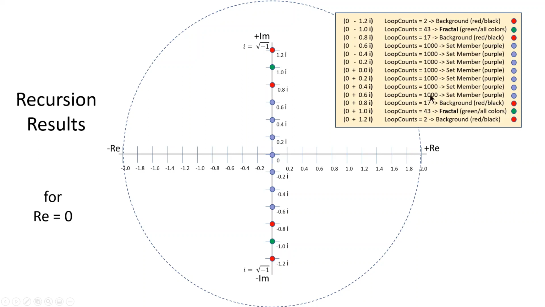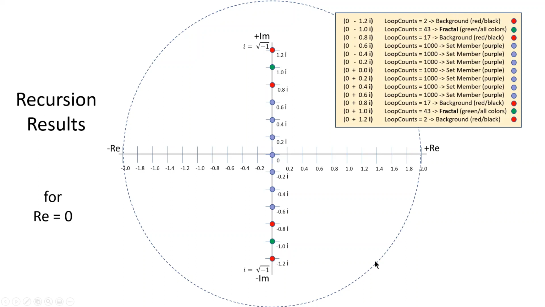And then we get into an area where we have 1, 2, 3, 4, 5, 6, 7 set members. Blue, purple. And then another background, another fractal, and a loop 2 with more background.